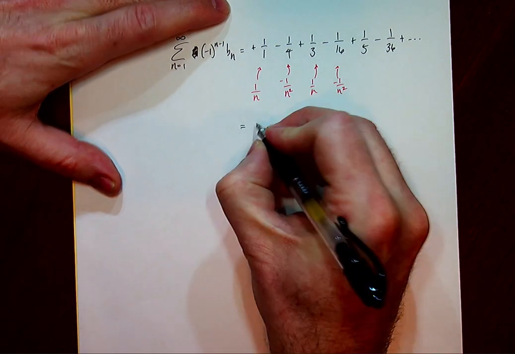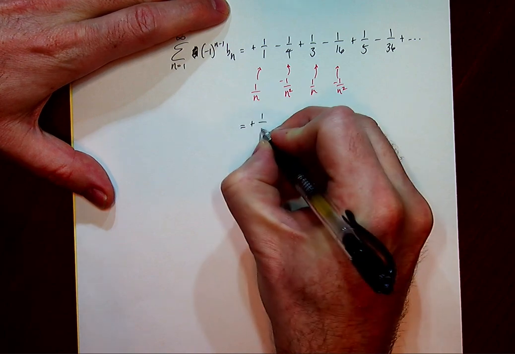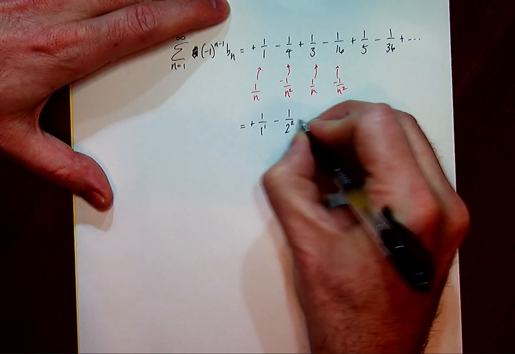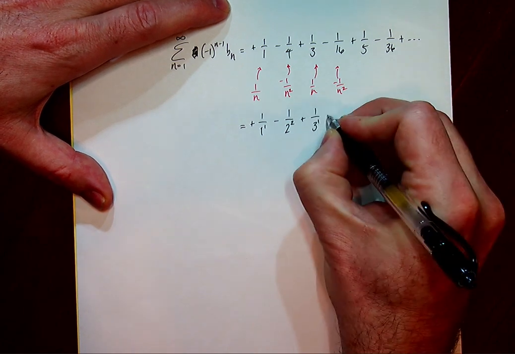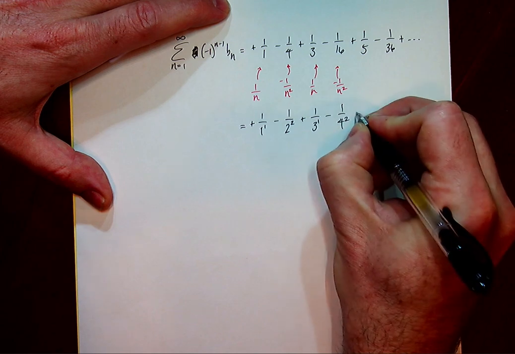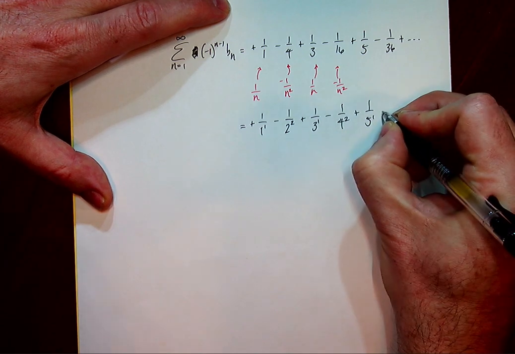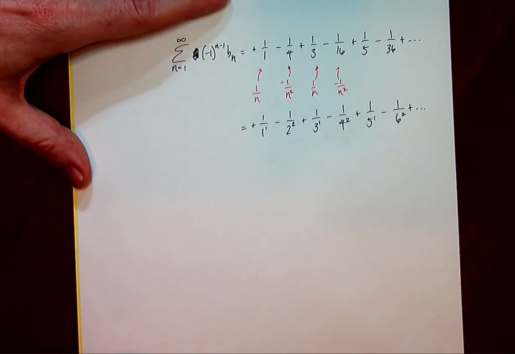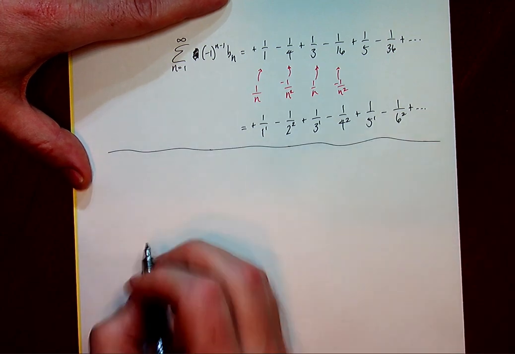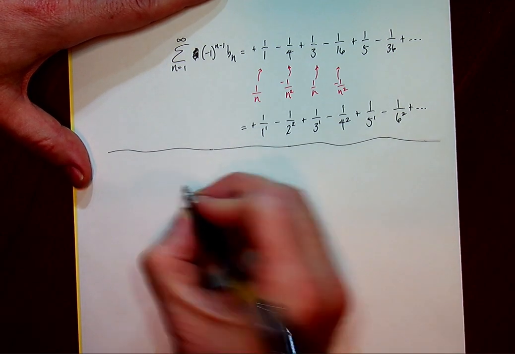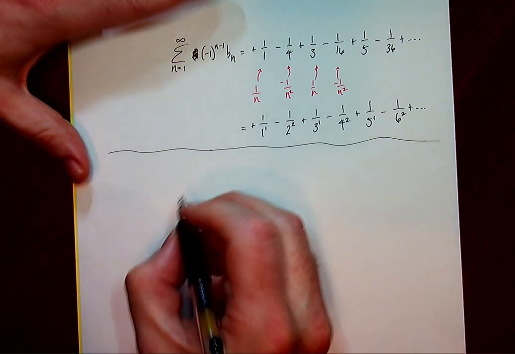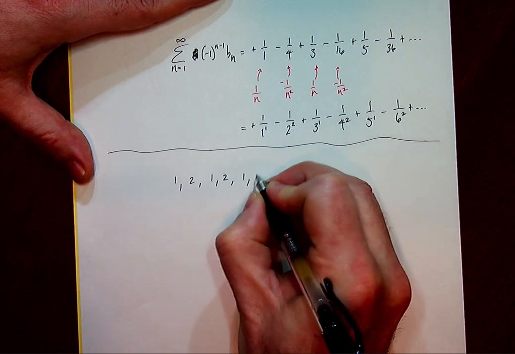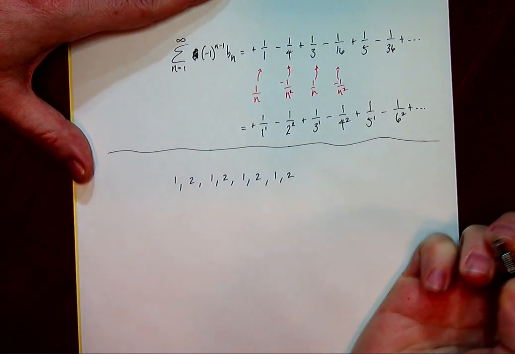This winds up being positive 1 over 1 to the first minus 1 over 2 squared plus 1 over 3 to the first minus 1 over 4 squared plus 1 over 5 to the first minus 1 over 6 squared. So what you're really asking yourself is a related question on a series: how do you go 1, 2, 1, 2, 1, 2, 1, 2?